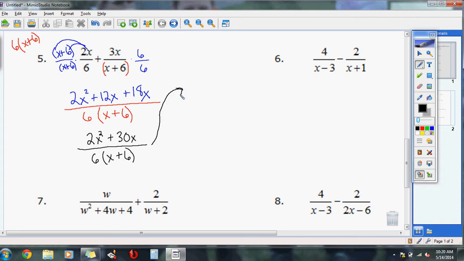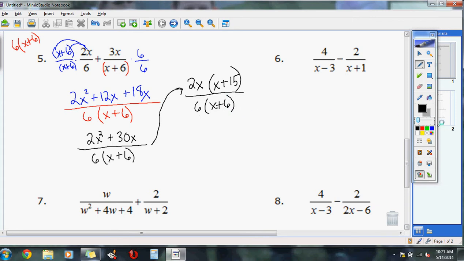So I'm going to go over here now. The GCF of the top is 2x. So on the inside, we're going to have x plus 15 there. We always want to check at the end if we can factor the numerator. So we're there, and then the bottom is 6 times x plus 6.